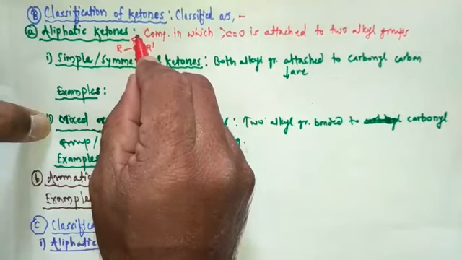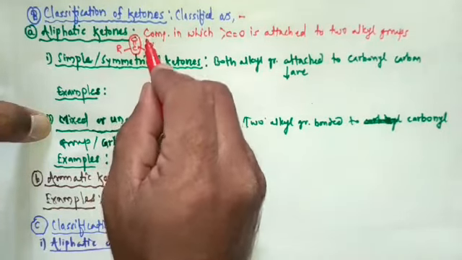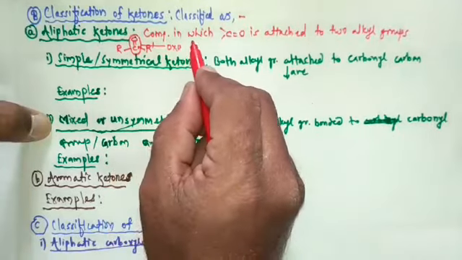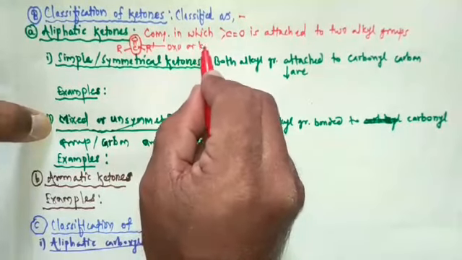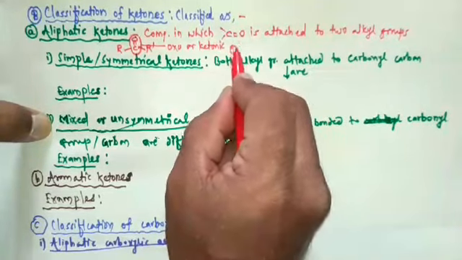In this compound, this C double bond O group is the oxo or ketonic group.